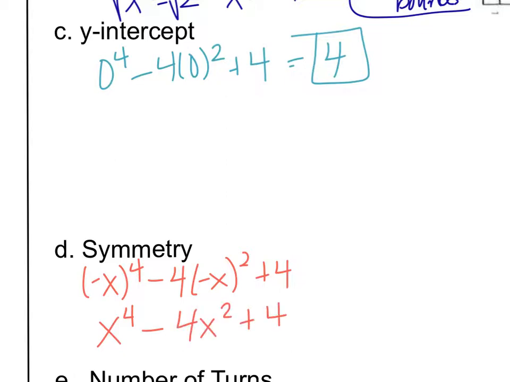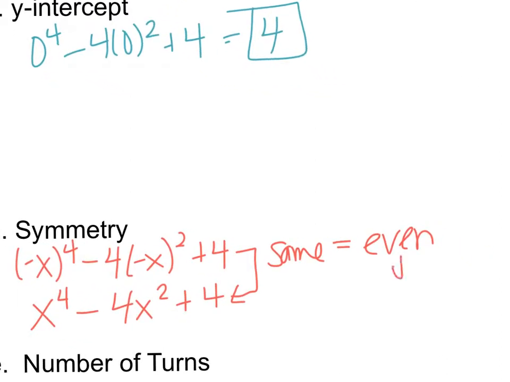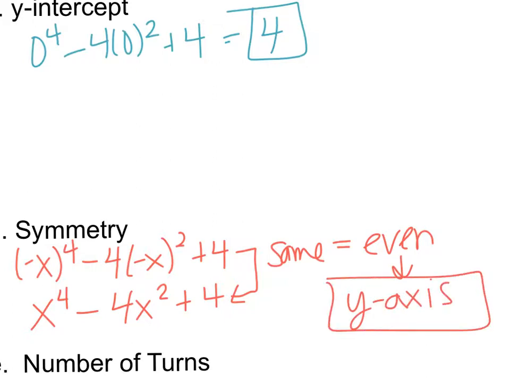So if you notice, those are the same. And if you think back to what we learned last chapter, same is even. And what this tells us for these problems is it's symmetric with the y-axis. So that's our symmetry. The symmetry is with the y-axis.